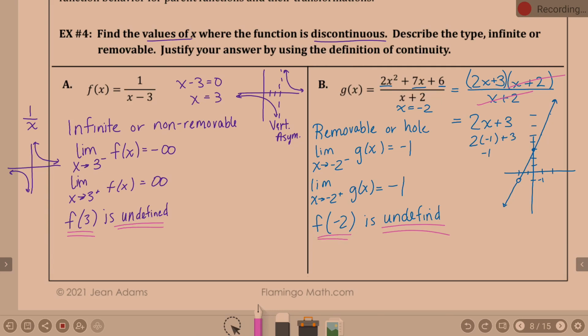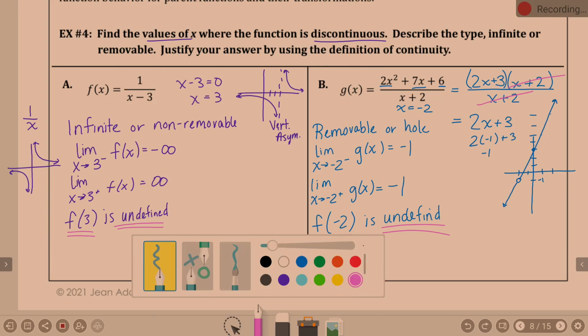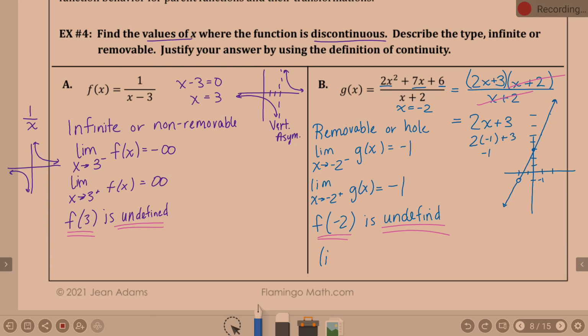So again, you can say f of -2 is undefined. You can say that the limit does not equal the point. So, yeah. And I had written down on this one that the limit as x approaches -2 of g of x does not equal g of -2. So, again, trying to get the idea there.